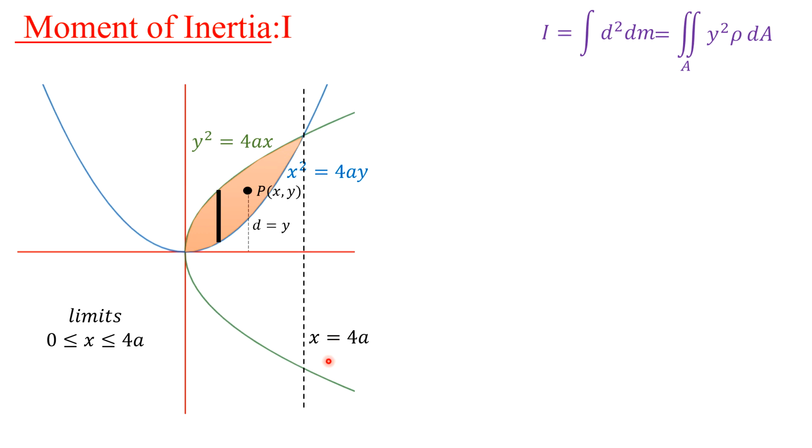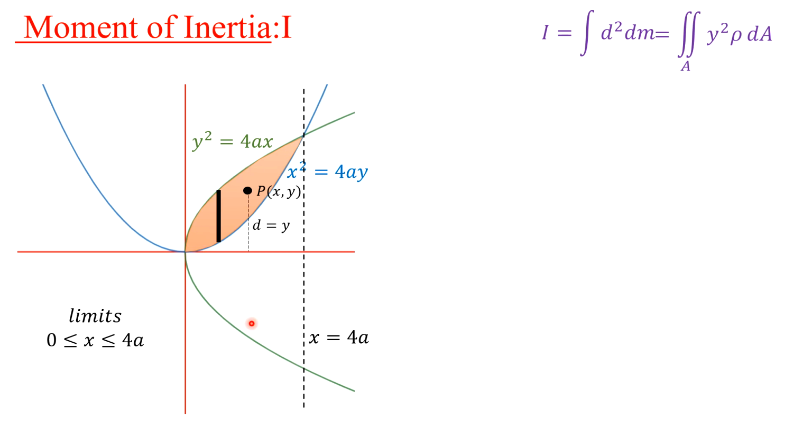Now to find limits of y, we have to see how the bottom end of the strip varies. You can see here the bottom end of the strip varies according to this blue curve, which is x square is equal to 4ay. So this blue curve is the lower limit of y, and top of the strip varies according to this green curve, that is y square is equal to 4ax.